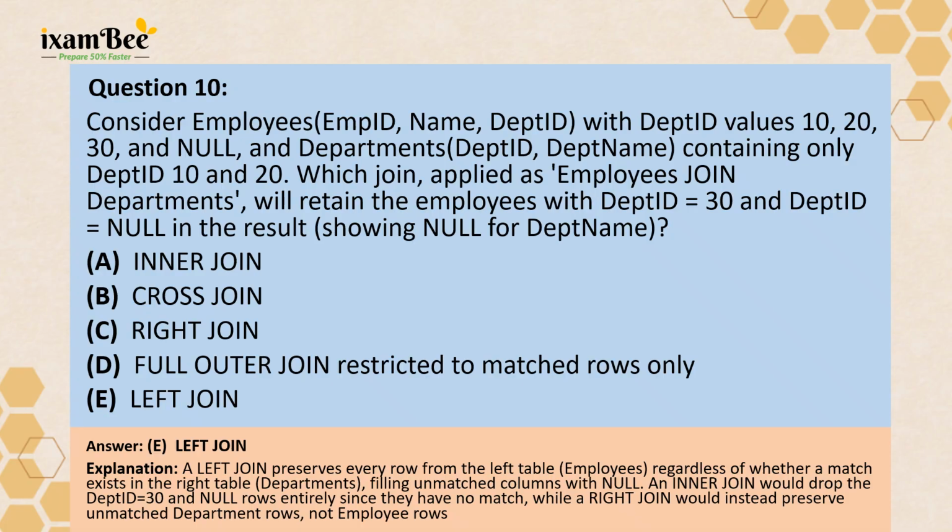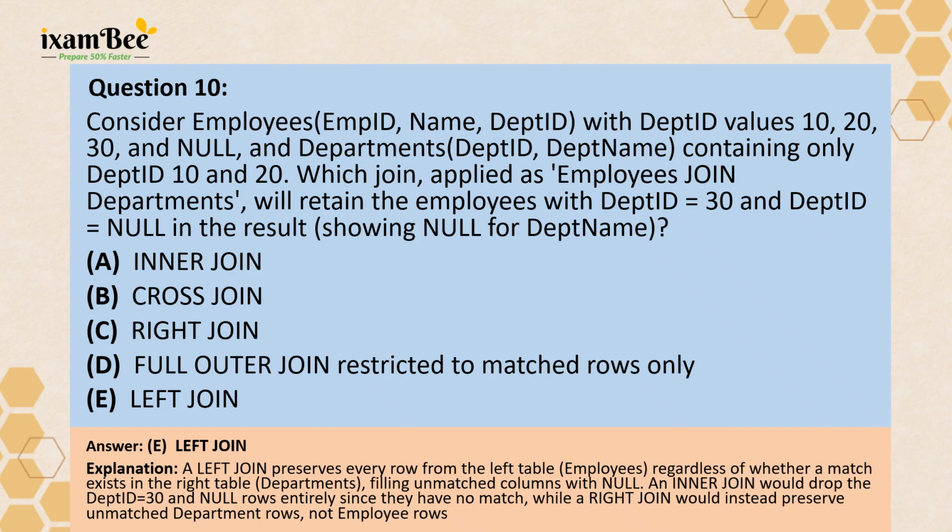The key requirement here is that every row from employees must appear in the result, even the ones with no matching department. Department ID 30 and the null department ID, with department name simply showing as null for those. That behavior, preserving every row from the left-hand table regardless of whether a match exists on the right, is exactly what a left join does.